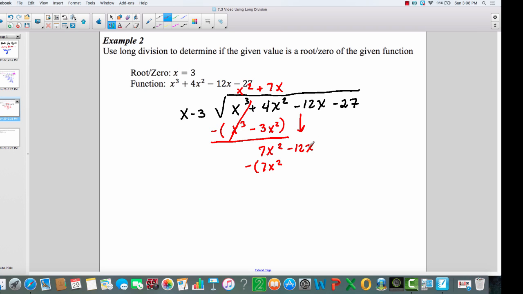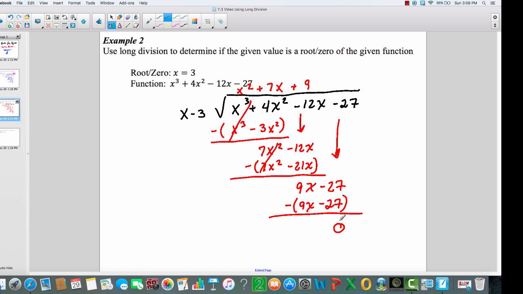Cool. Okay, that goes away. Again, double negative, so negative 12 plus 21 gives 9. Bring down the negative 27. How do you get from x to 9x? I would say multiply by positive 9. Okay, nice. Check it out.